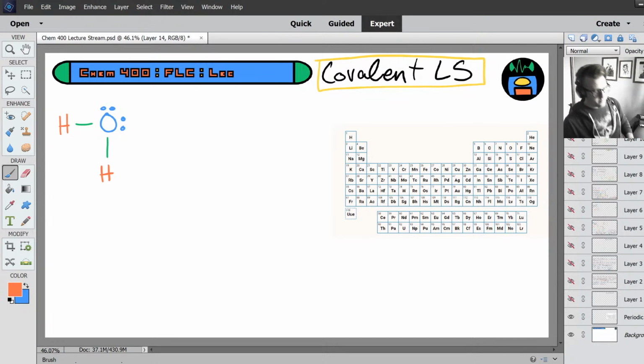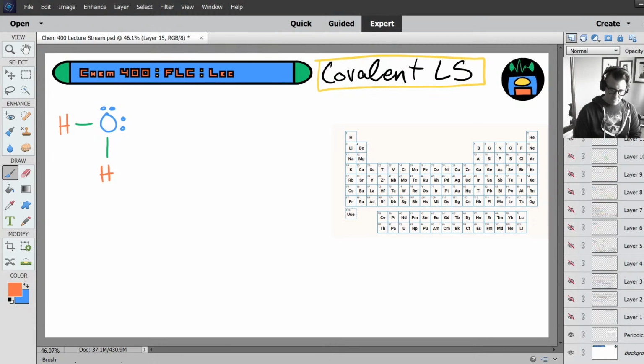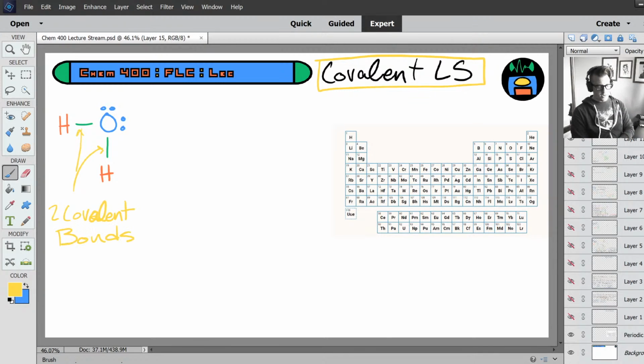All right. First, just a little vocabulary. So we would say that here and here, there are 2 covalent bonds. Two covalent bonds. All right.